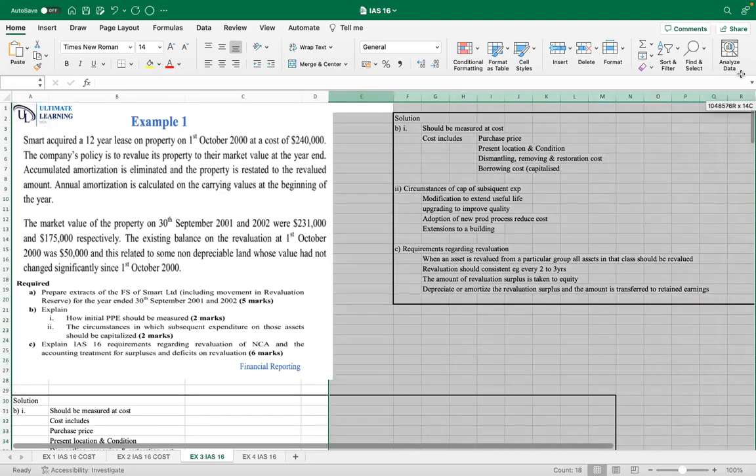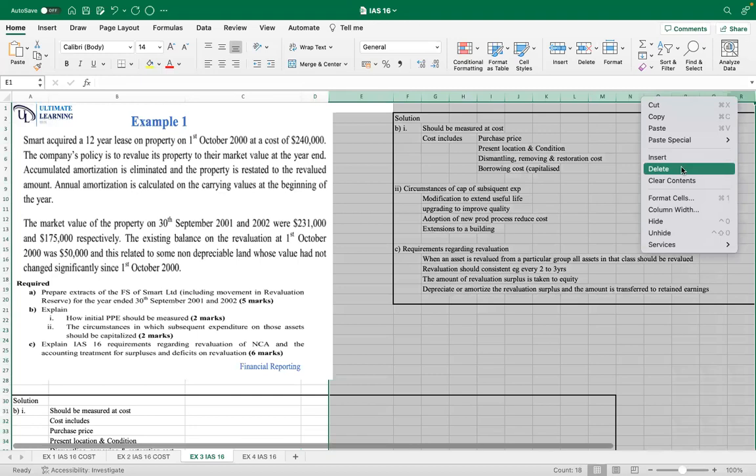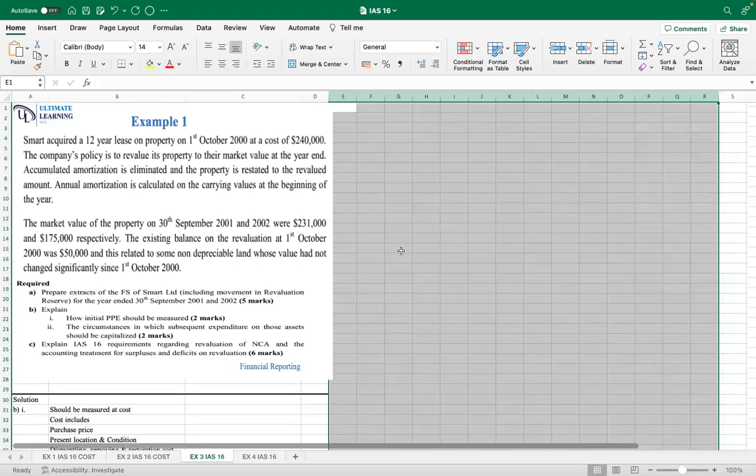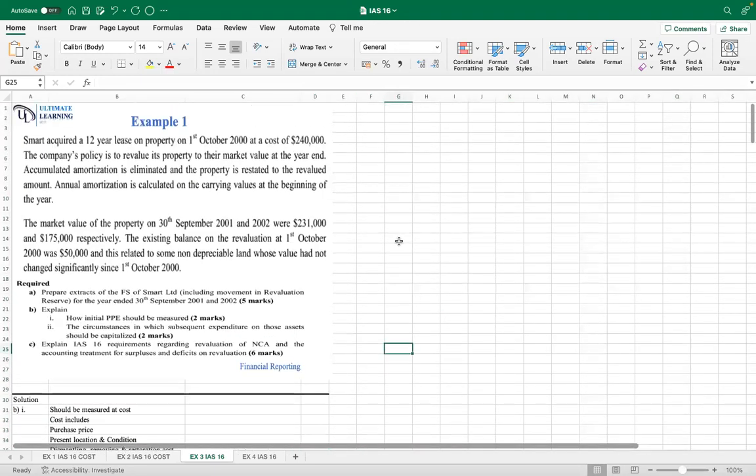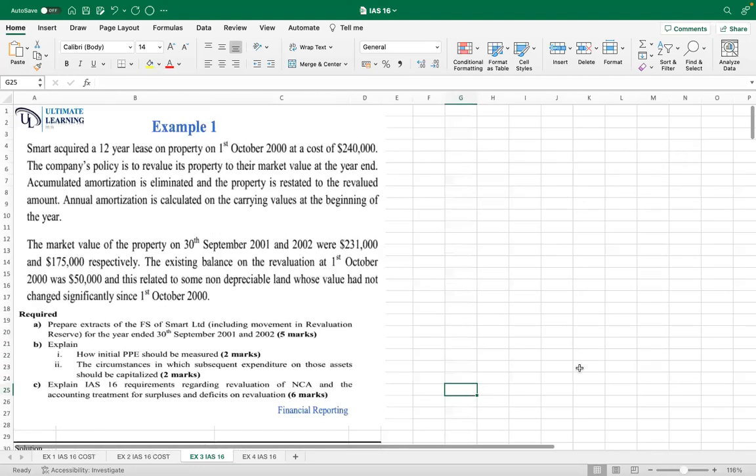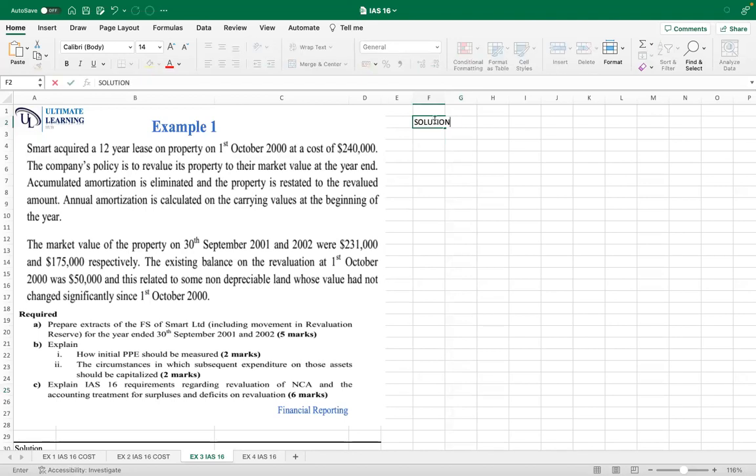Okay, so I was just creating room to make my work presentable. So I'm in part A of the question. Let's be extremely attentive here as we wind up, but it will take us some 10 minutes or so.